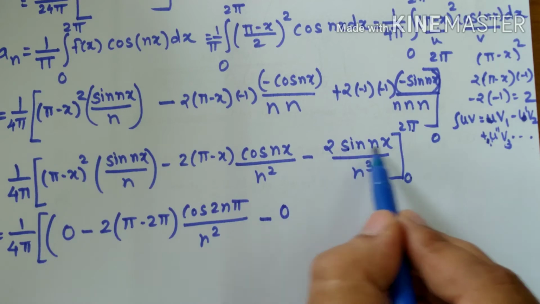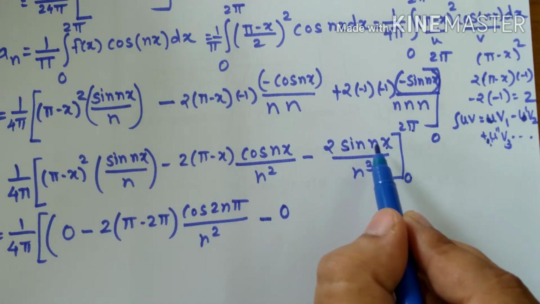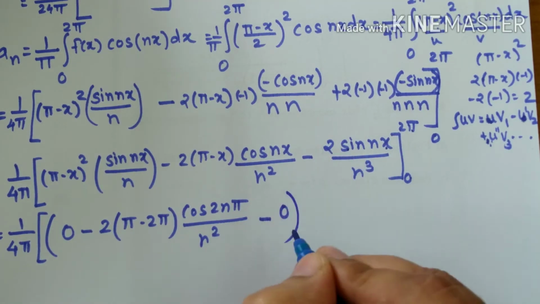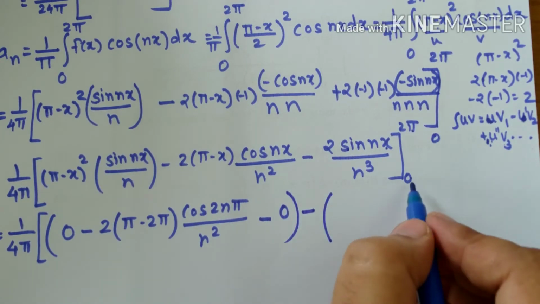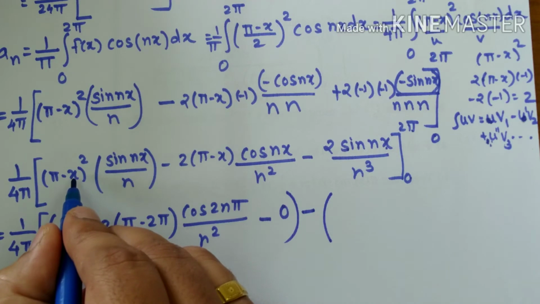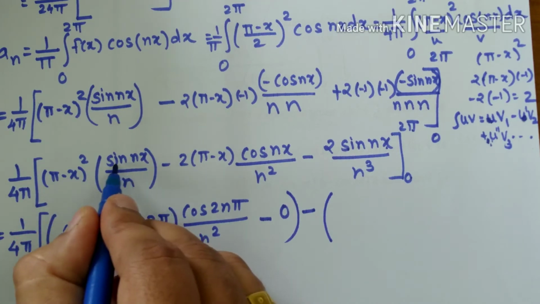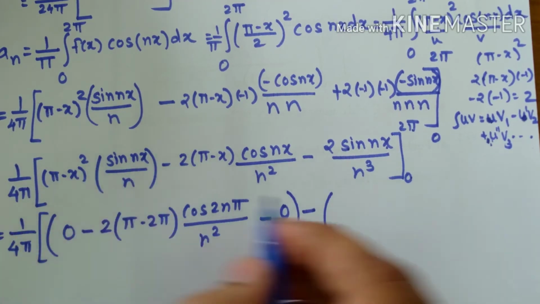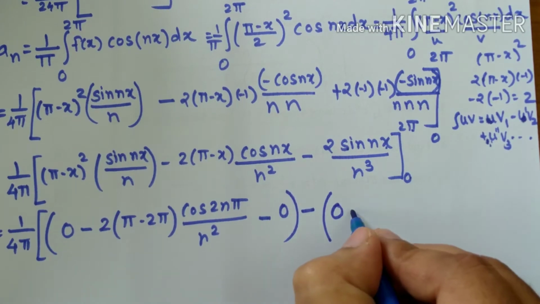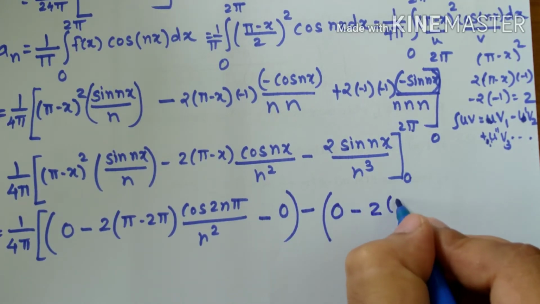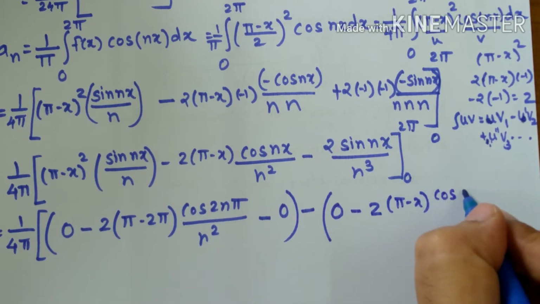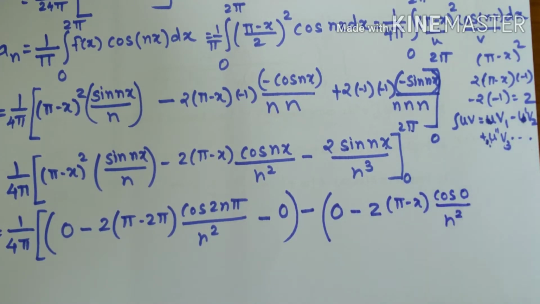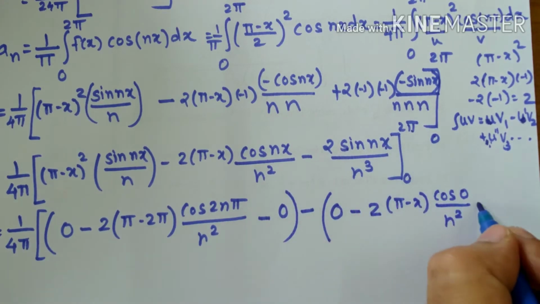We get sin 2n pi, and sin 2n pi is 0, hence the entire term is going to be 0. Minus lower limit: when we substitute the lower limit here, we get sin 0, so the entire term is going to be 0. Minus 2 times (pi minus x) cos 0 divided by n square. Again this is going to be 0.